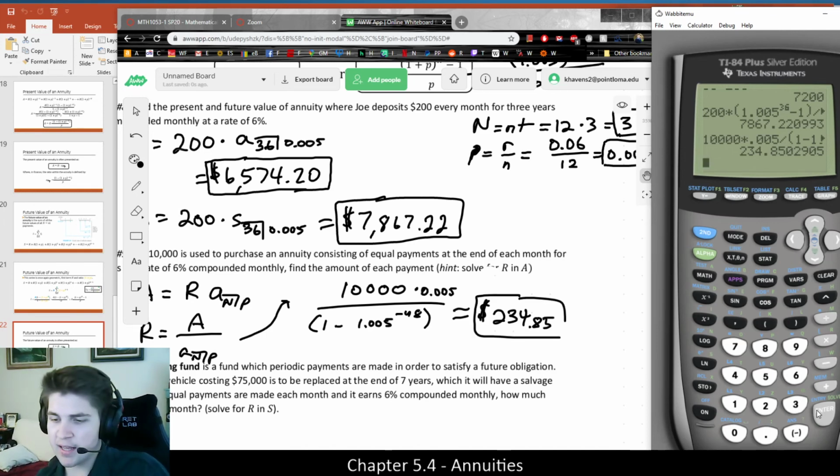So what are we doing? What does all this mean? This would be what each one of those payouts would be in the annuity. So this is kind of like a cash flow. If we invest $10,000 up front, it's going to amount to 48 payments of $234 every month. And it's a way of taking a large amount of money and spacing it out over time.